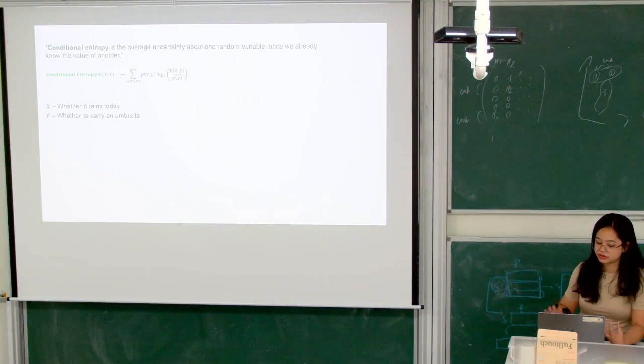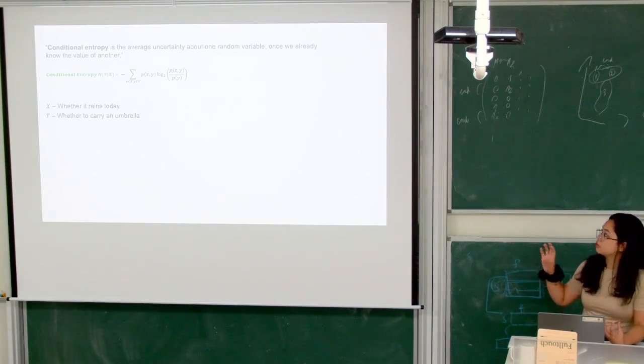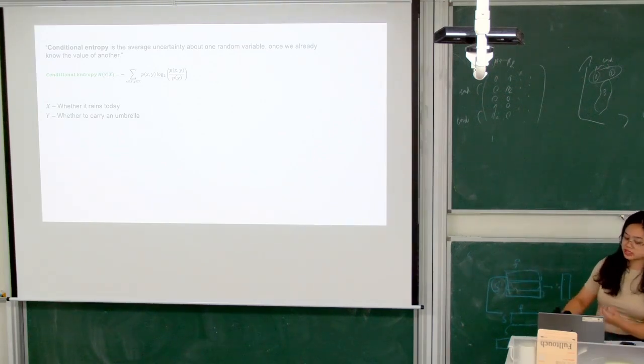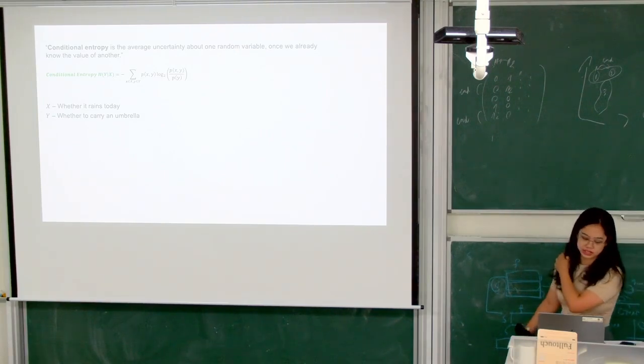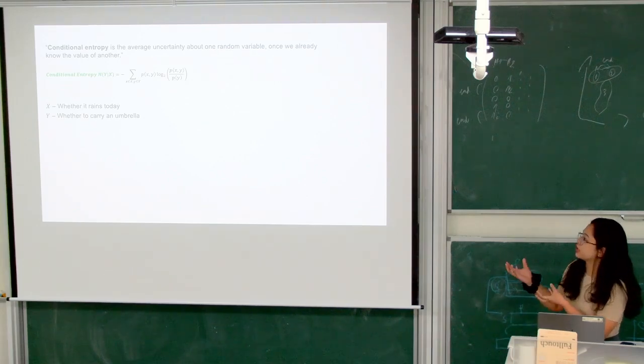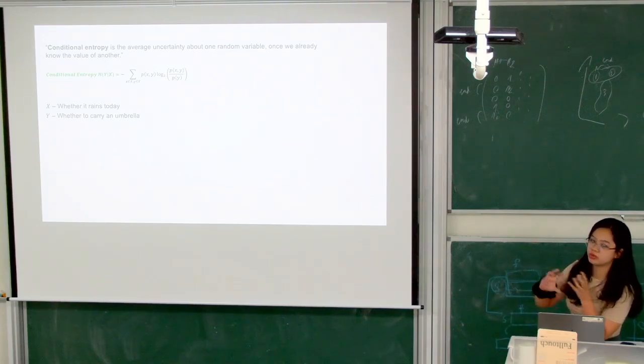This is just the average uncertainty about one variable once we already know the value of another variable. In this case, H of Y given X is just the uncertainty about whether to carry an umbrella, given that we know whether it rains or not.